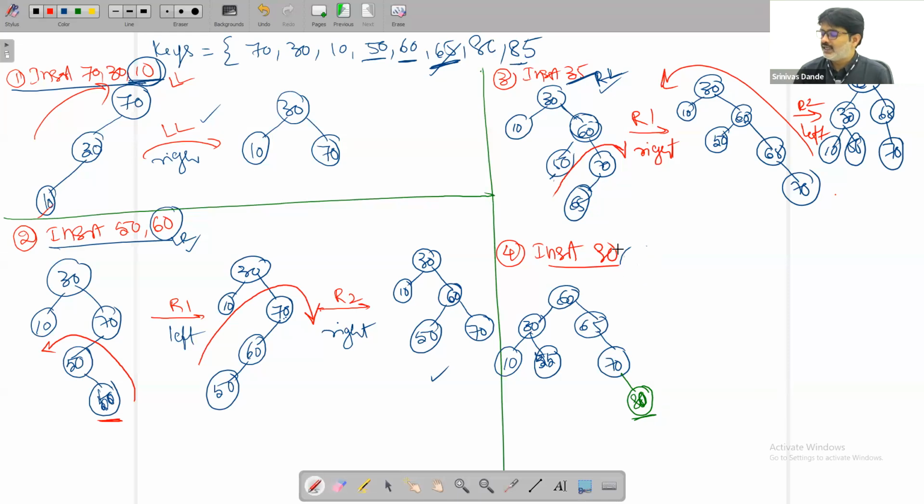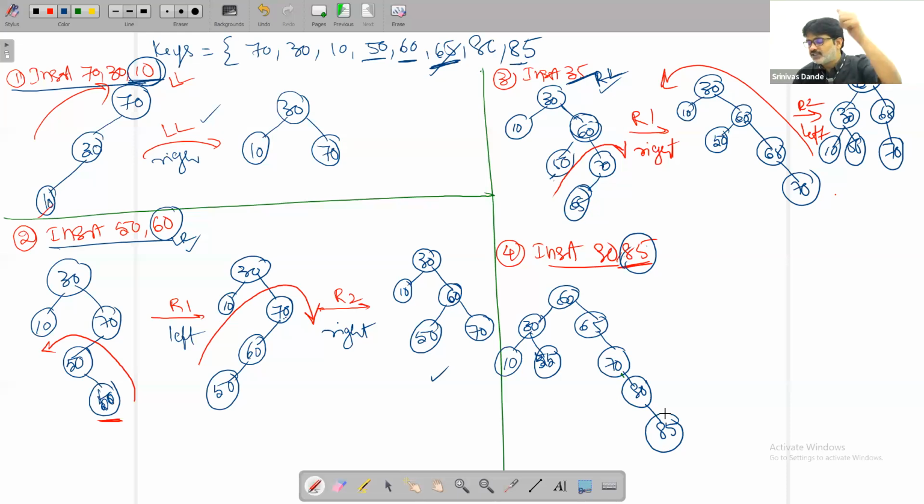After inserting 80, again I am inserting 85. Now, again 85. I think 85 will definitely cause a problem, right? 85 is causing a problem.